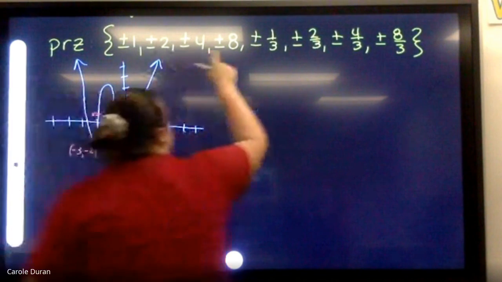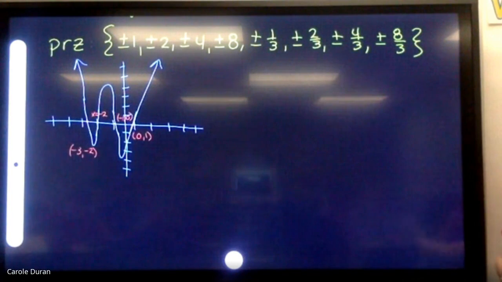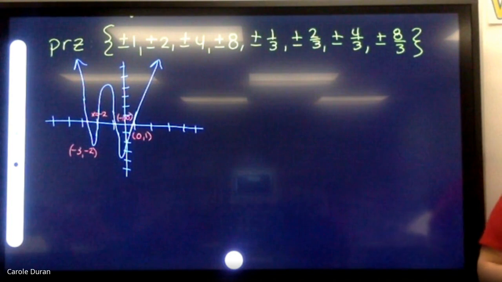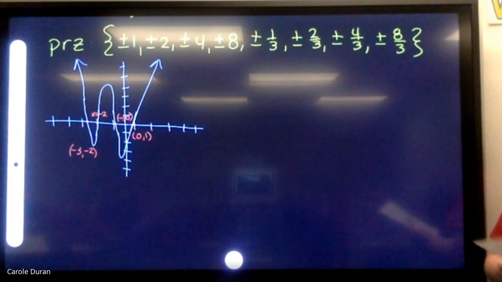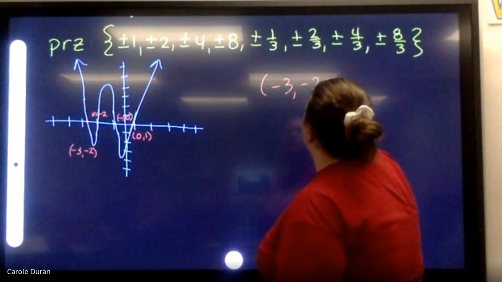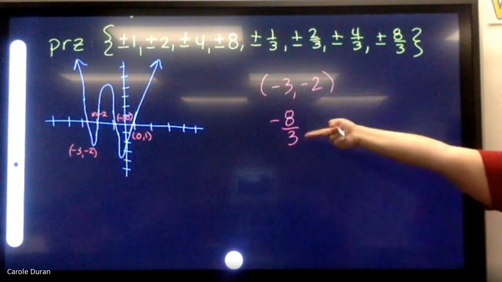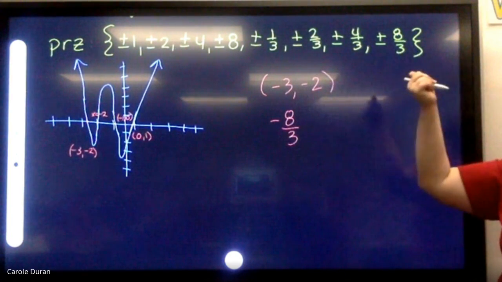So are there any numbers on this list that fall between -3 and -2? Say it again. -8/3 falls between -3 and -2. What about, I got x equals -2, so that's automatically going to be a 0 for me.